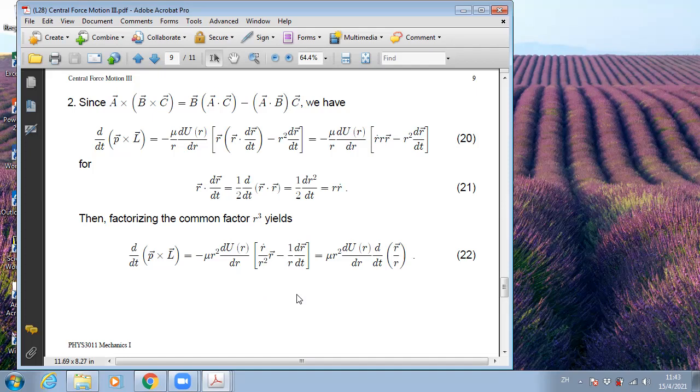Now, these two terms inside the square bracket actually come from this one. Can you see it? Differentiating the quotient of two functions. All right, that's good.